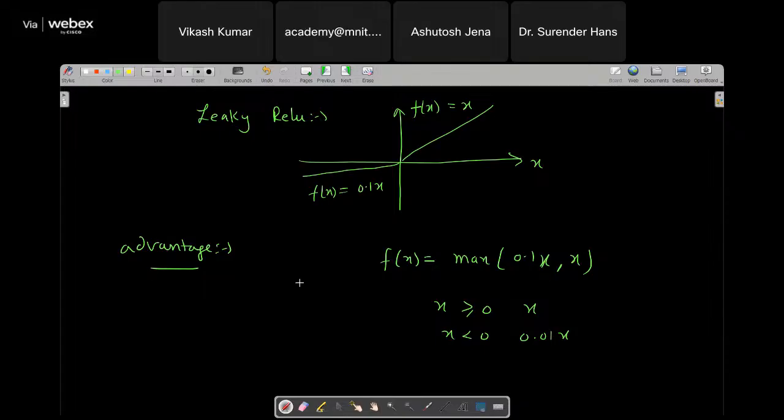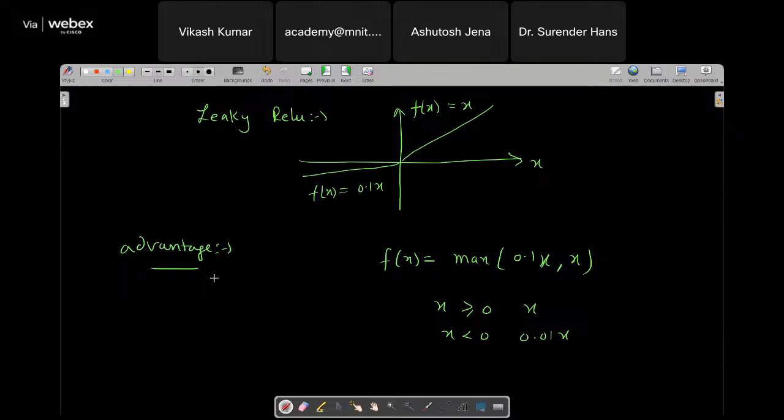Okay, and the second advantage is it is non-saturated. Both are unbounded. It can extend in either direction, positive or negative. Clear?